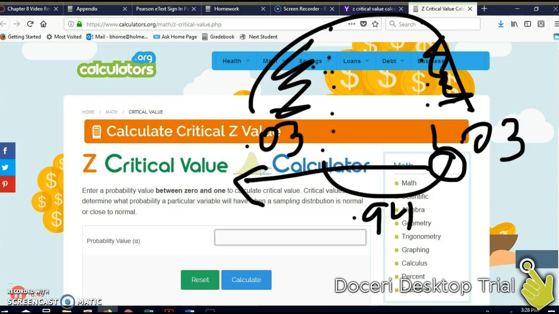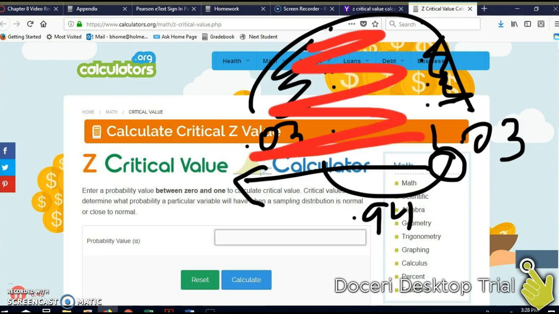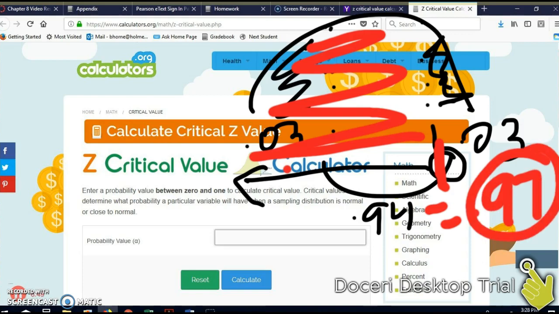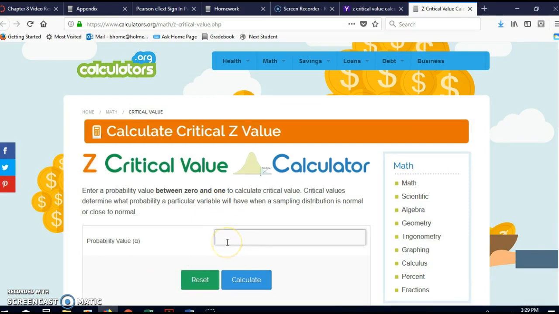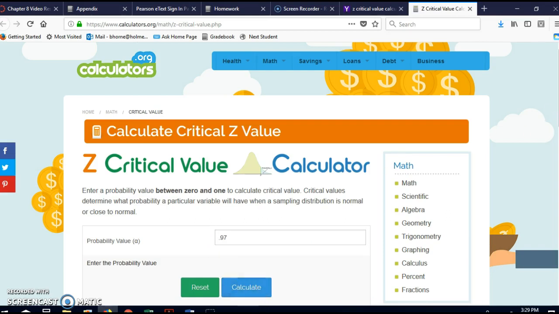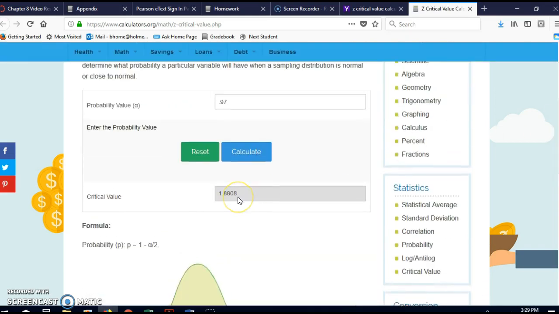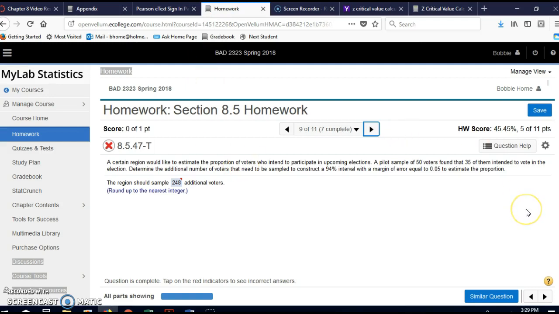So that up to this point is 0.94 plus the 0.03, which equals 0.97, the area that we want. So we would plug in 0.97 here, and you hit calculate, and your critical value would be 1.8808. So if it's not on the table, that is how you can work it.